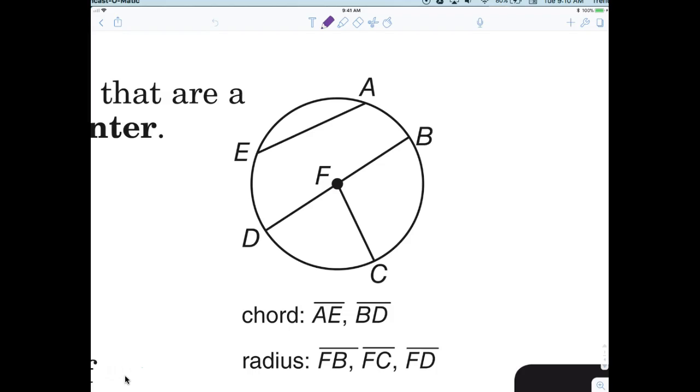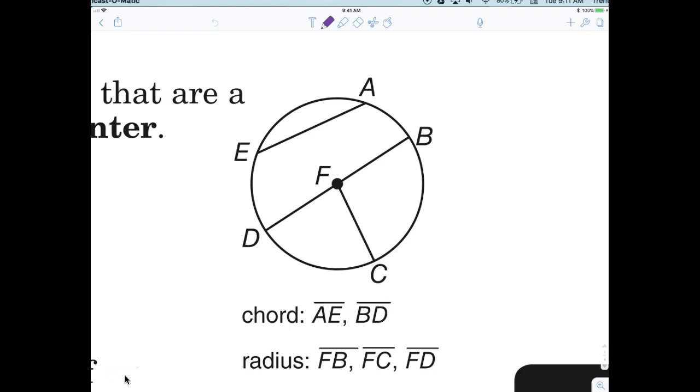So the largest chord on a circle is the diameter. But EA does not pass through the center of the circle, therefore it's just called a chord. FC is not a chord because both endpoints are not on the circle. FC is obviously called the radius.